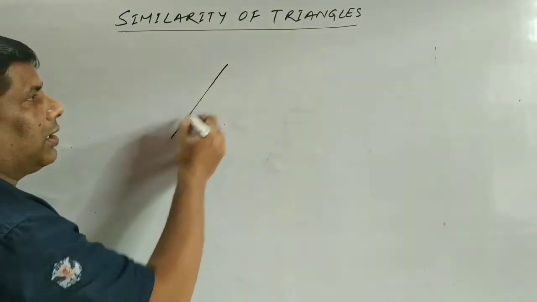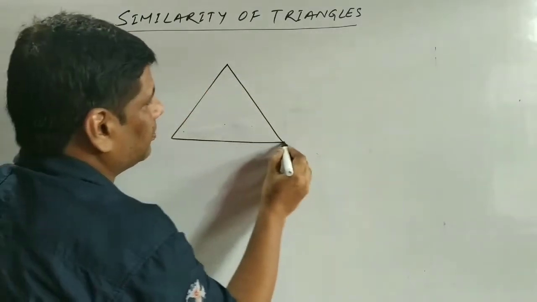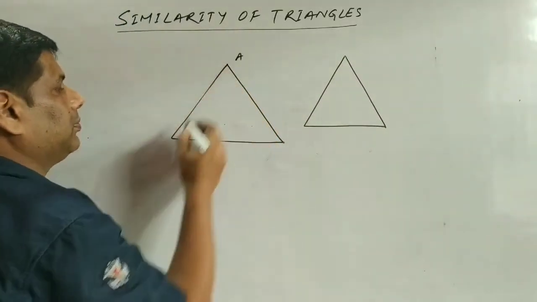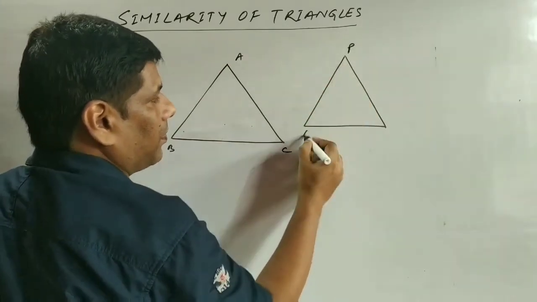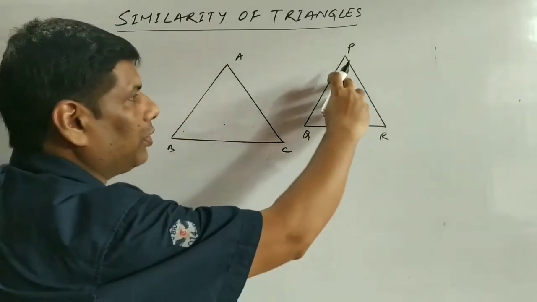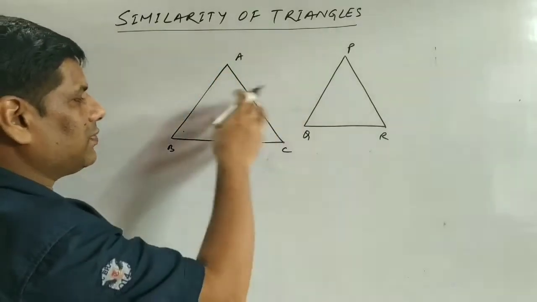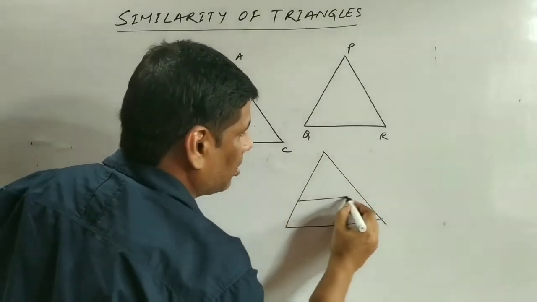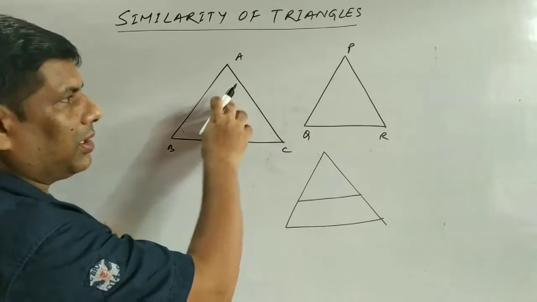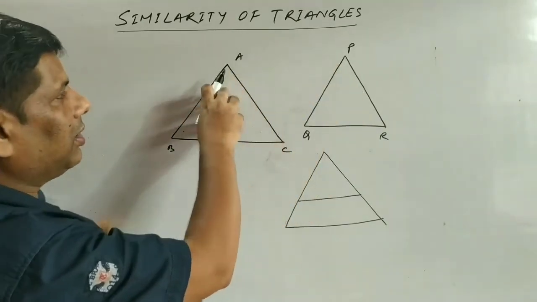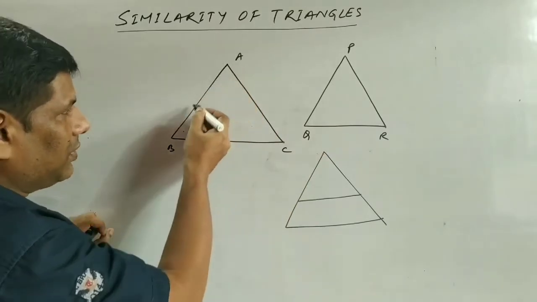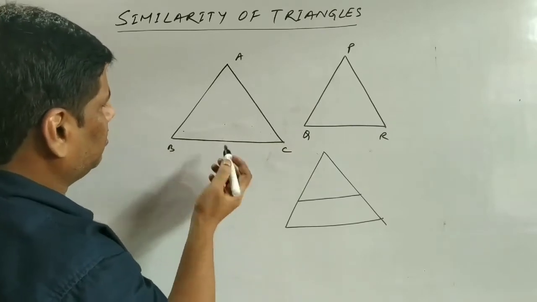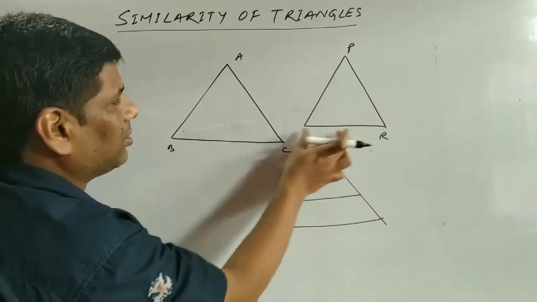Two triangles are said to be similar if we put this triangle over this triangle, if this is the smaller triangle and this is the bigger triangle, then this line will coincide with this line, but it doesn't necessarily mean that it will overlap this line.